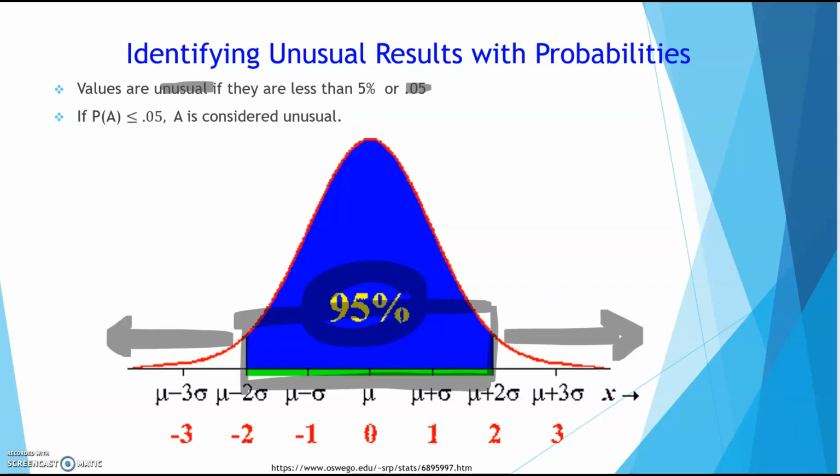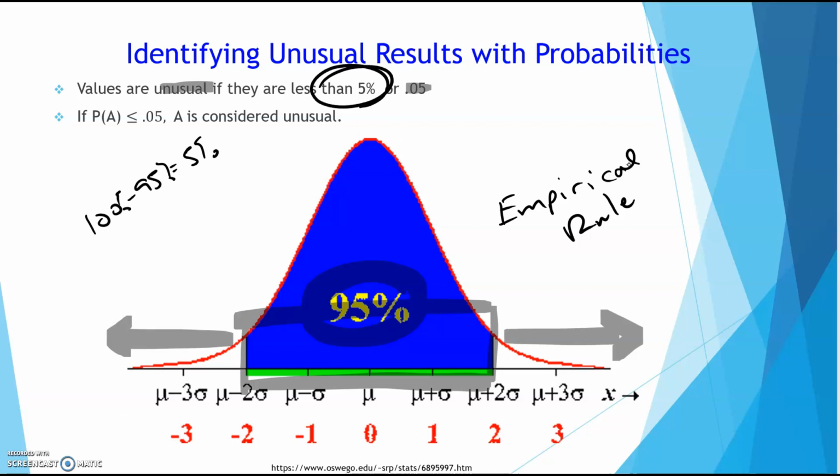That is coming from the empirical rule. Okay, so then what's left over, if we take 100% minus 95%, well, that gives us the 5%, which is where this is coming from. Okay, but this is what we're going to use to look at probabilities and see if they're unusual or not.